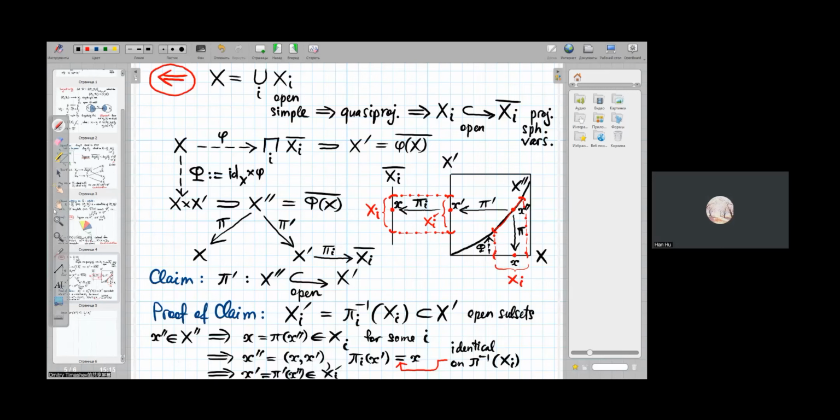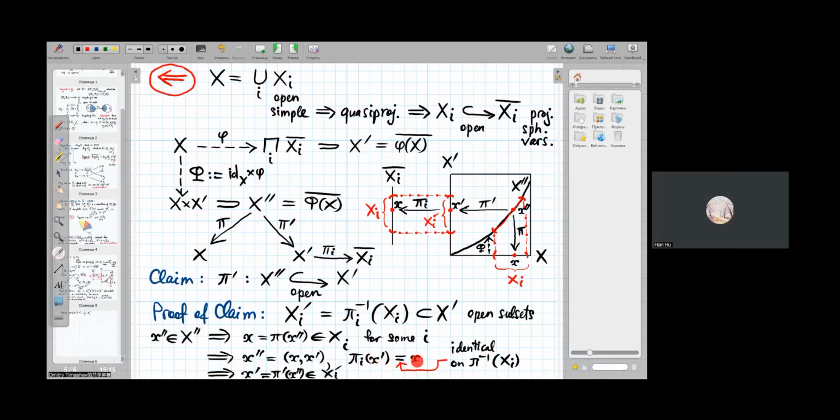Hey, Professor. You say that the identity holds for x belonging to y naught, right? Yes. And by continuity, it holds on this inverse image of xi. What continuity? This is an equation. If you write this equation in local coordinates, you obtain some polynomial equations on coordinates of points.